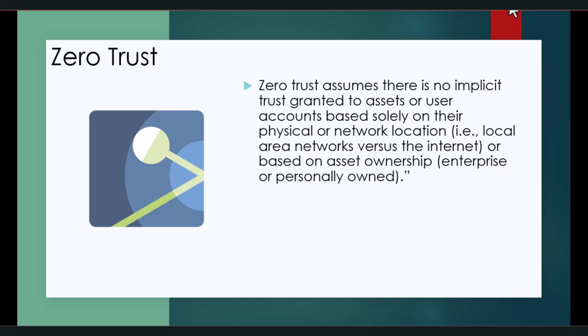For example, the local area network versus the internet, an IP prefix, or a VLAN, or based on asset ownership, whether it's enterprise or personally owned. In other words, there's no such thing as internal or external, provisioned or non-provisioned. Everything's under the Zero Trust cloud. If there's a subject or anything outside of the Zero Trust, then you don't have a Zero Trust initiative.